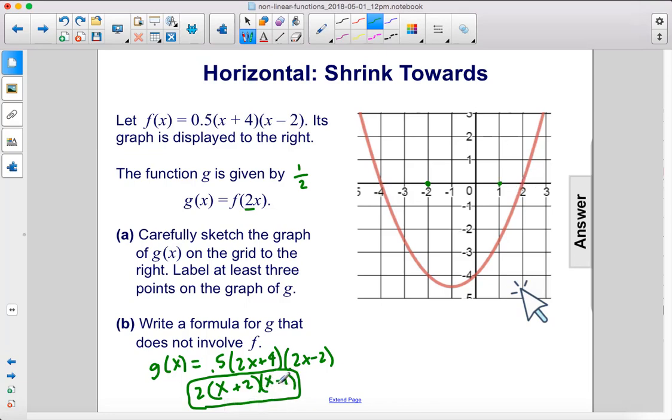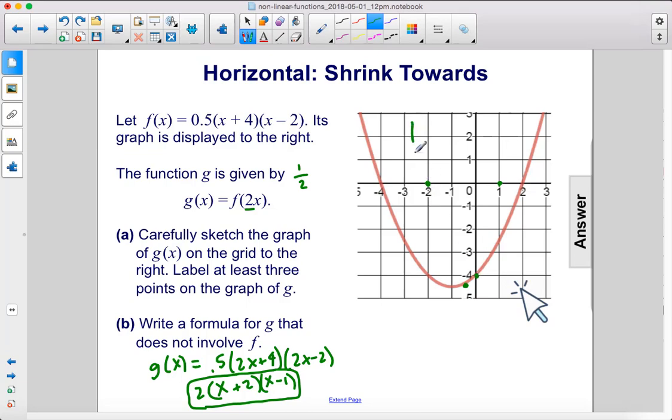As you can see, we can have 1 minus 1 equals 0. So we have our new 0 here. If our vertex was at negative 1, now it's going to be at negative half. So if we plug negative half into here, we will get negative 4.5 at half instead of at 1. And our y-intercept is still going to be at negative 4.